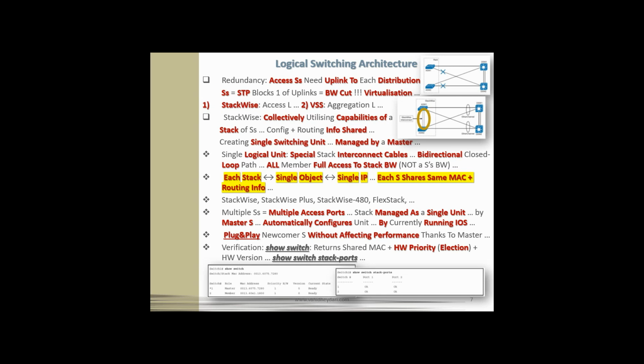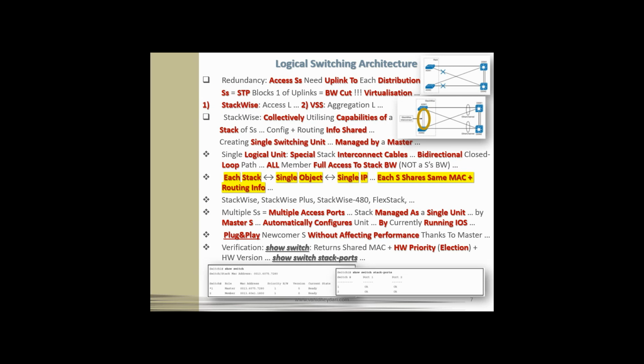But at the end of the day, one of the uplinks has to be blocked by STP, or Spanning Tree Protocol, in order to prevent a loop, consequently cutting the bandwidth in half. So as you can see from the figure on the top right hand side of this slide, we cut the bandwidth in half when we use STP and we block one of the uplinks from access to distribution layer.